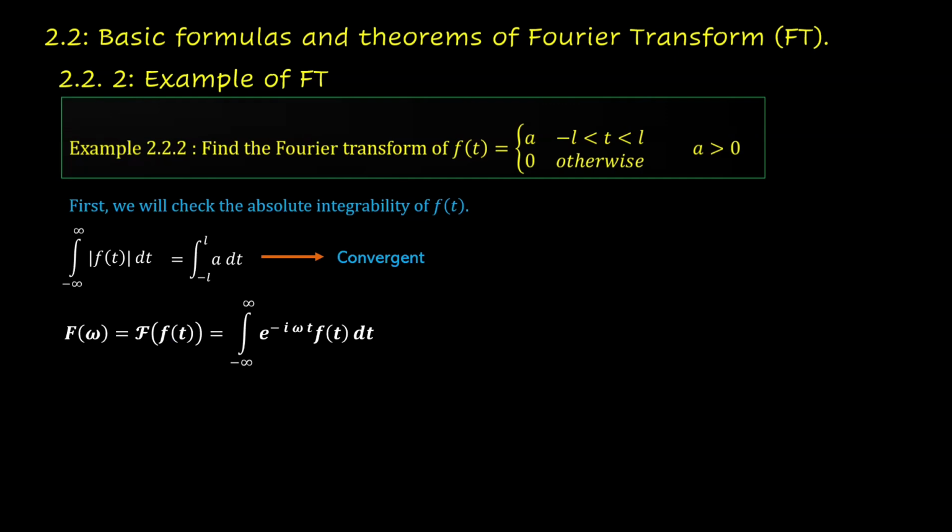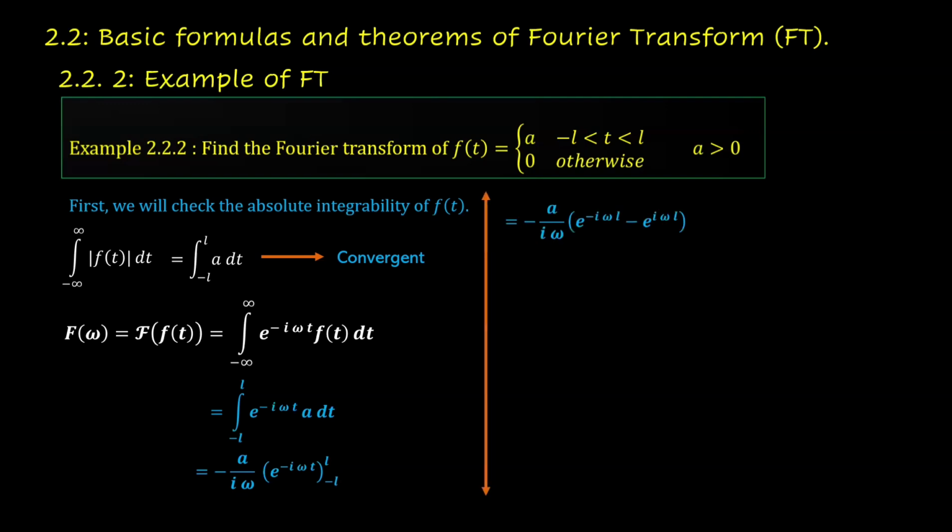Now what is f(t)? f(t) is defined as a between minus L to L and 0 elsewhere. So this integration has limits from minus L to L. a is a constant going out, so the integral of e to the power minus i omega t is e to the power minus i omega t divided by minus i omega, with limits minus L to L.